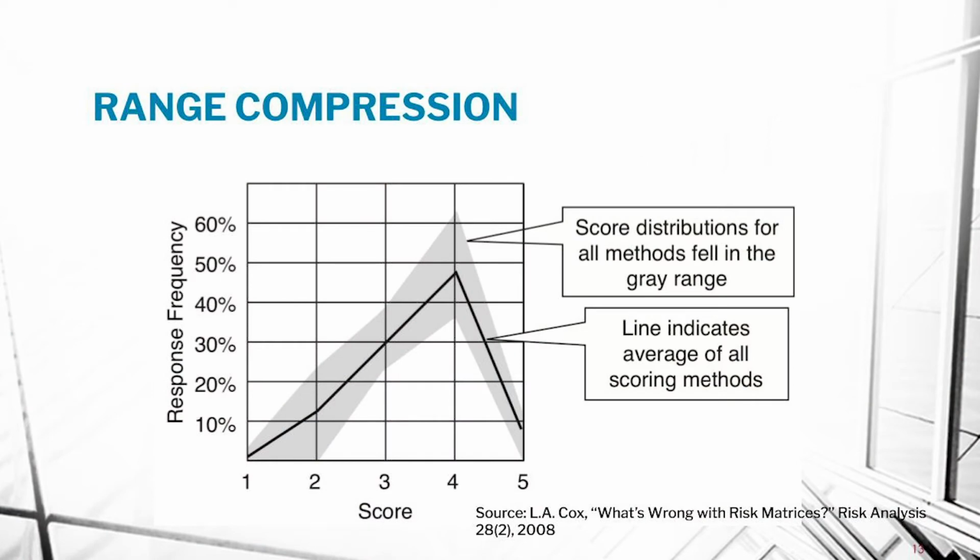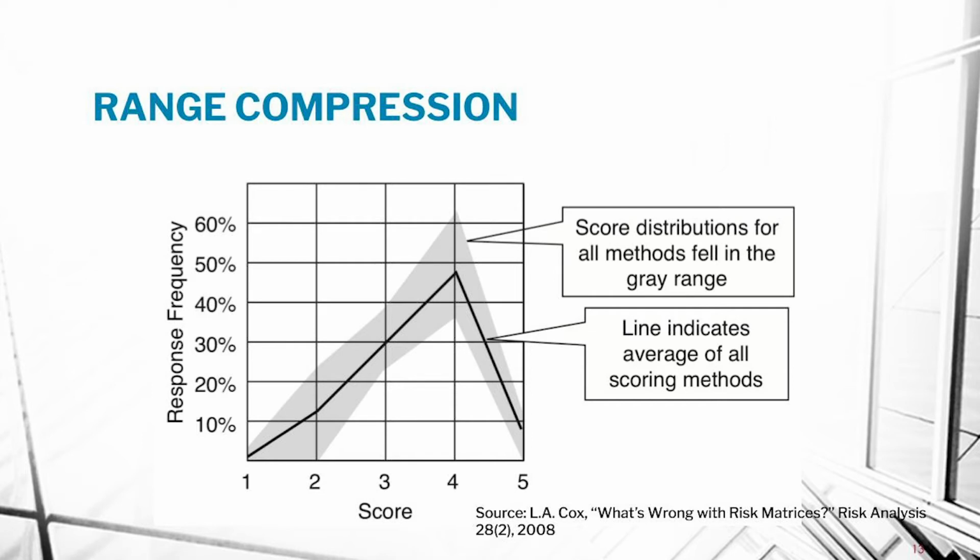Here's what I got on the range compression, what we run into. This was something I took out of some research, where the scores came in with experts rating, assessing the same thing seven times.